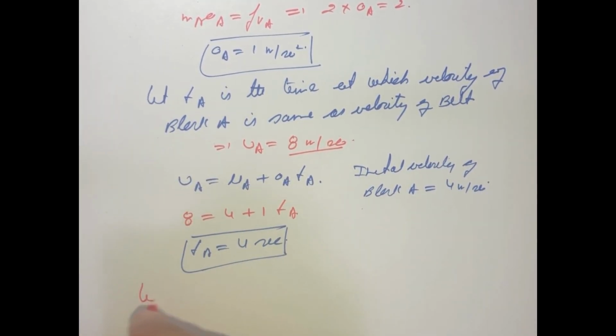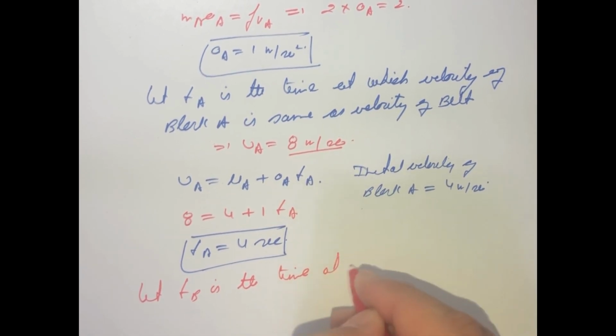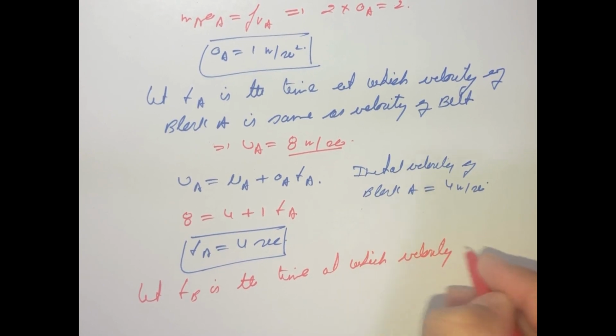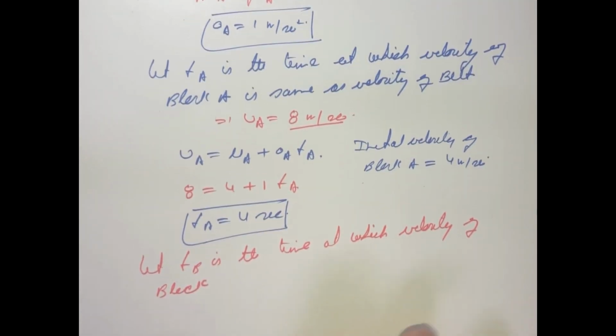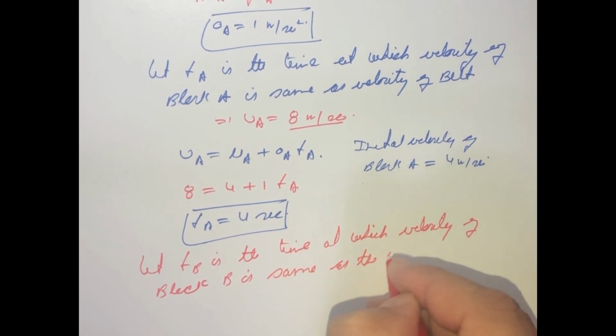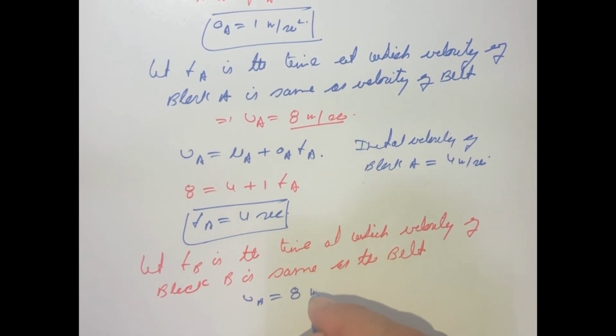Let TB be the time at which the velocity of block B is the same as the belt. So VB is given as 8 meter per second.